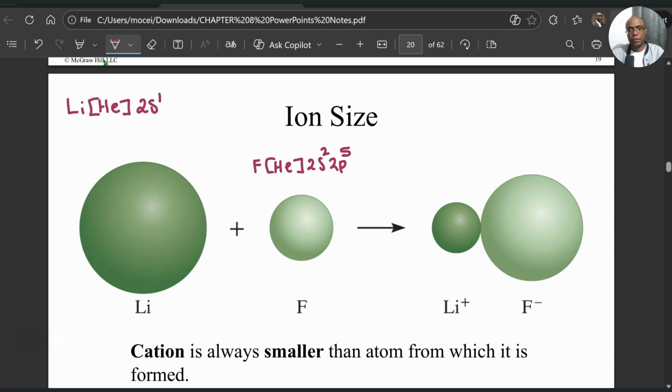It's easier for lithium to lose that electron than to gain 7 more electrons to fill up the second shell. And it's easier for fluorine to gain 1 more to get 8 valence electrons, same as neon.